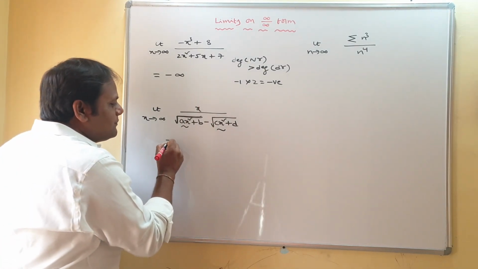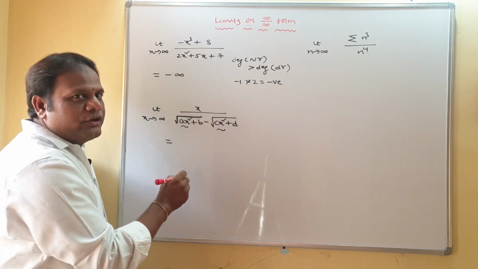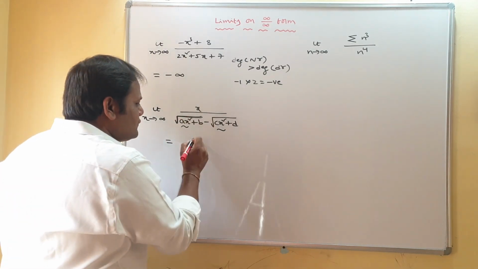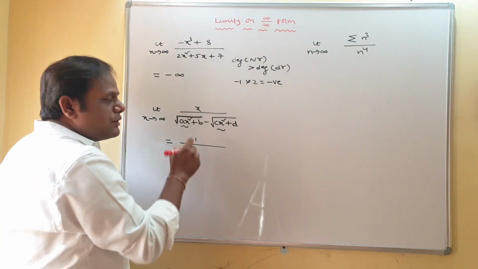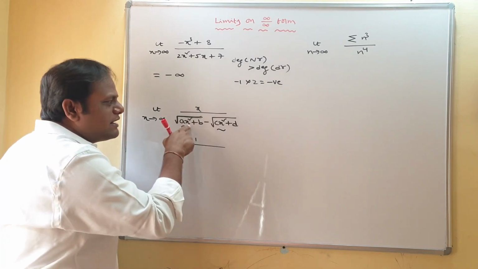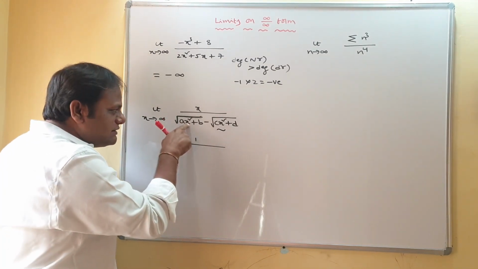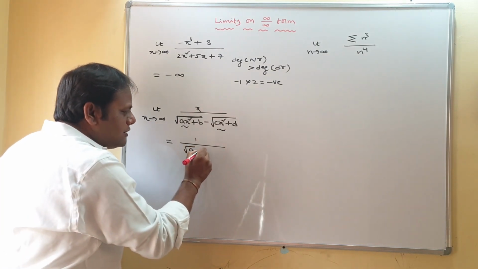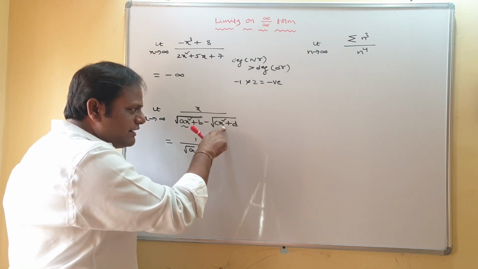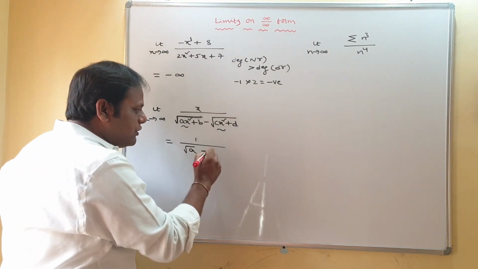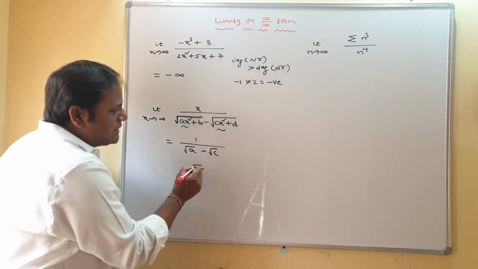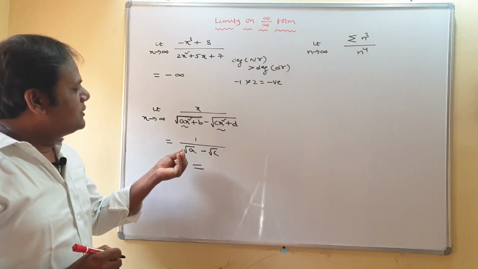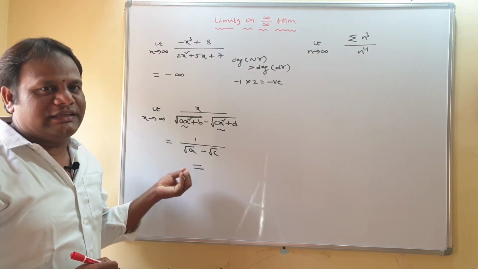What is the answer? The ratio of their coefficients. So what is the x coefficient? 1 by. Here root x square is like x. So what is this coefficient? a under root, so it is root a minus. Here also we treat this as x only. So what is its coefficient? c. So the answer to this problem is 1 by root a minus root c.